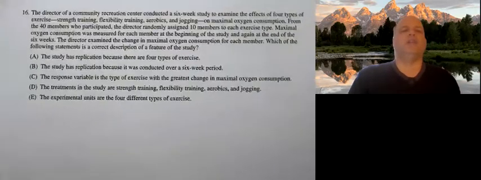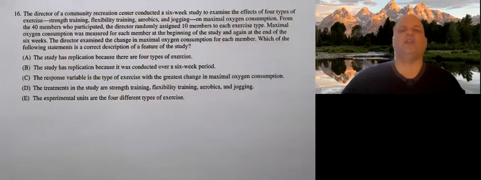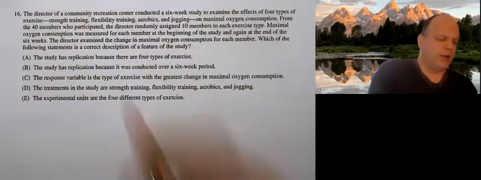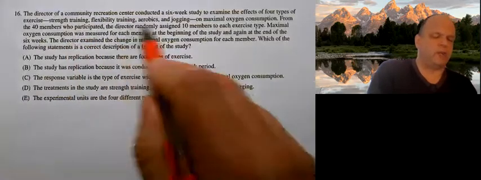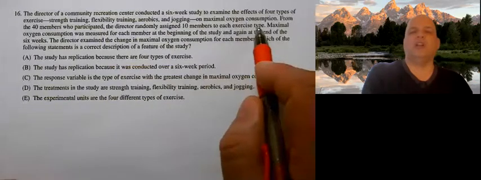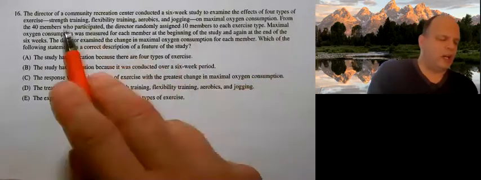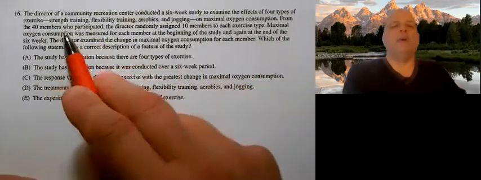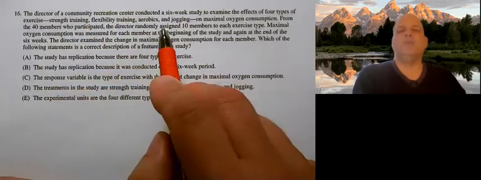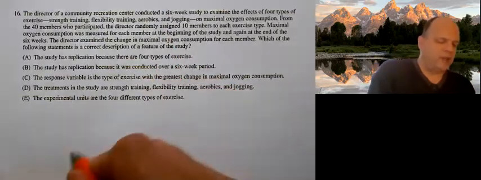The director of a community recreation center conducted a 6-week study to examine the effects of 4 types of exercise. We have strength training, flexibility training, aerobics, and jogging on maximal oxygen consumption. From the 40 members who participated, the director randomly assigned 10 members to each exercise type. So we basically have this.